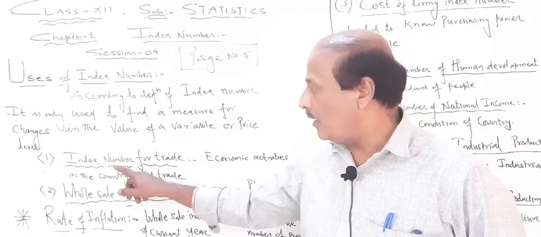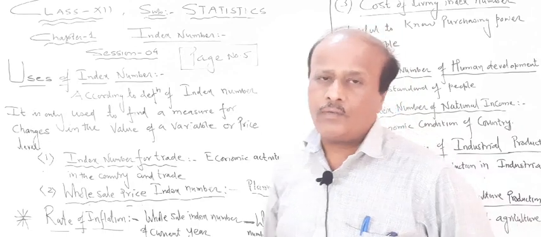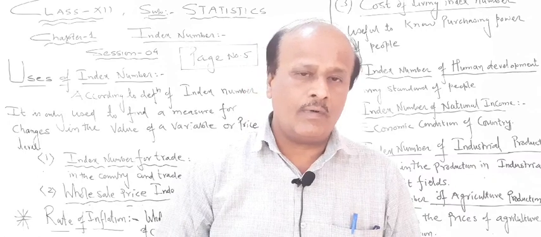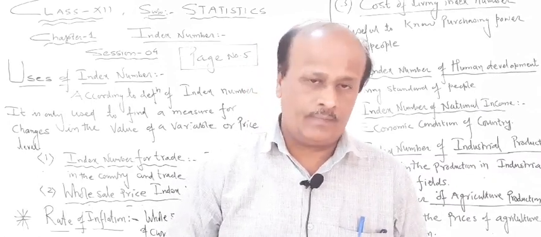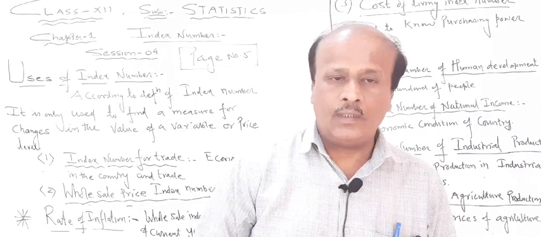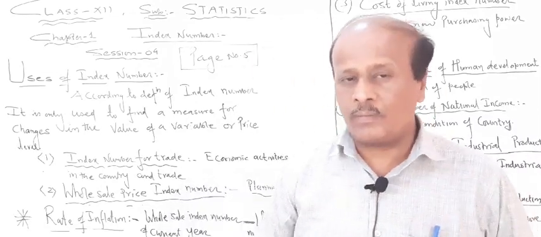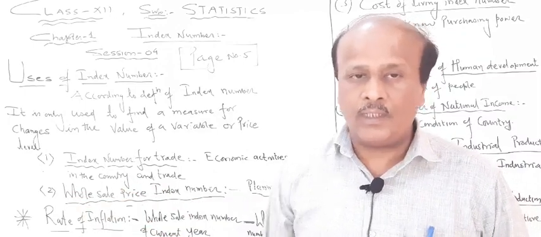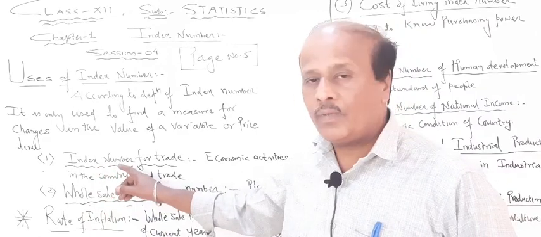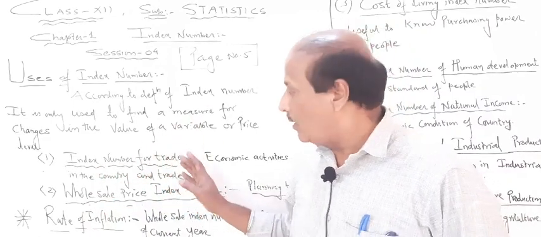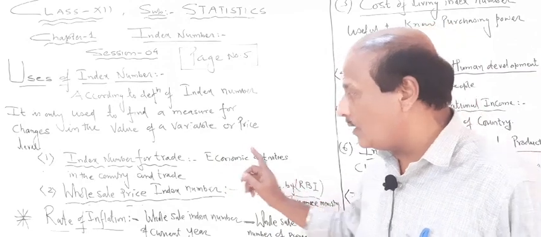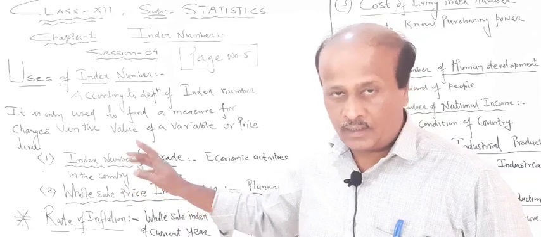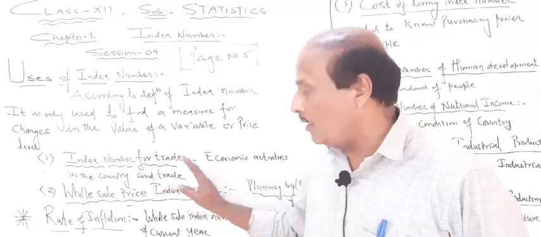The first use is index number for trade. Whatever economic activities are going on in the country, now our market is open throughout the world. I am talking about the whole world. You know that there are now treaties made by different countries for export and import. So index number is very useful for trading also. Economic activities in the country and in trade, index number will tell how that country is going to deal with that trade.